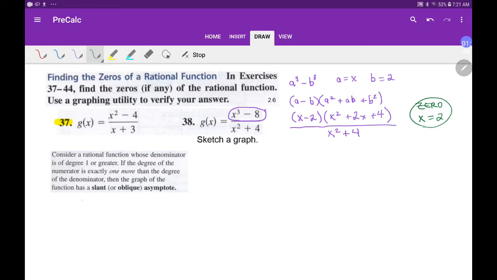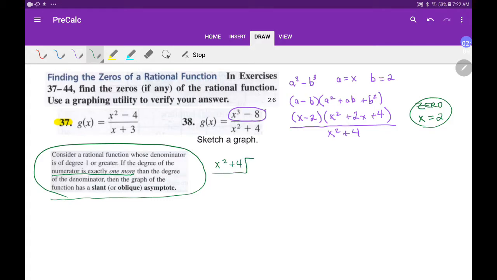Well, if we look over here, there is an oblique asymptote because the degree of the numerator is exactly 1 more than the degree of the denominator. So there is a slant asymptote. And we find the slant asymptote, if you recall, by dividing the denominator into the numerator.